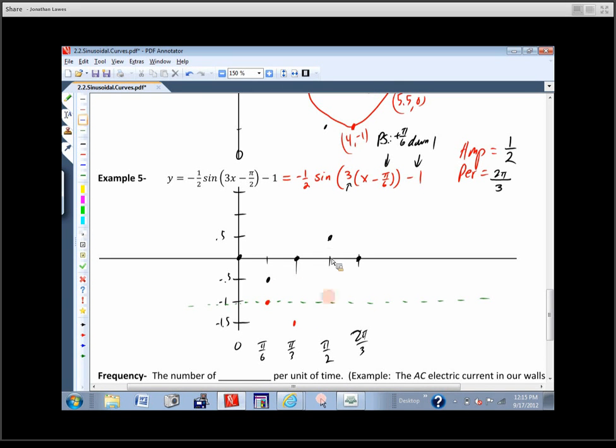Over pi 6, down 1 unit. Notice that these 2 points that I moved that were on the center line are still on the center line. Do you see how that can be helpful in making the right shape? Over pi 6, down 1, over pi 6, and down 1. So here's the correct shape. This is the answer to this problem if it said graph it.